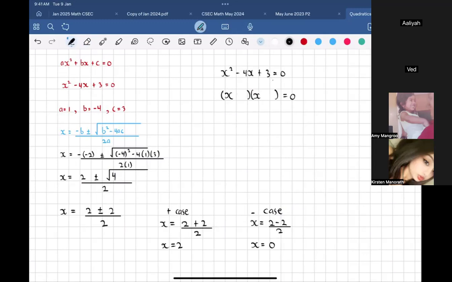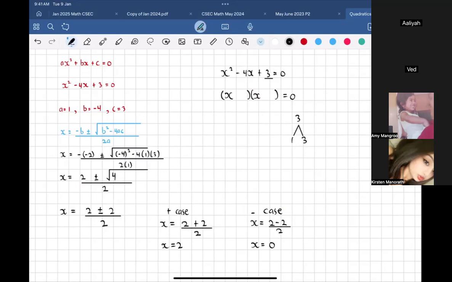Then we're going to look at the last term. You want to find a way that you could multiply to get 3, but add to give you the second term, the term in the middle. Now notice something. We want to get positive 3. What are all the ways you could get positive 3? 1 multiplied by 3. But if I add 1 and 3, will I get negative 4?